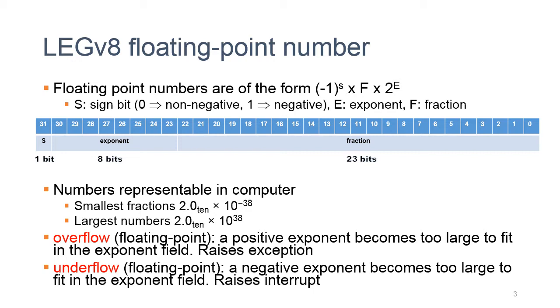An overflow in floating point occurs when a positive exponent becomes too large to fit in the exponent field, and it raises an exception. Also, there is an underflow in floating point. It occurs when a negative exponent becomes too large to fit in the exponent field. It also causes an interrupt.